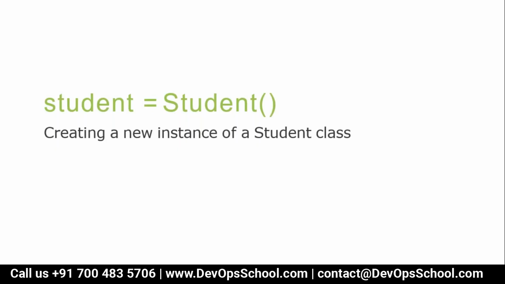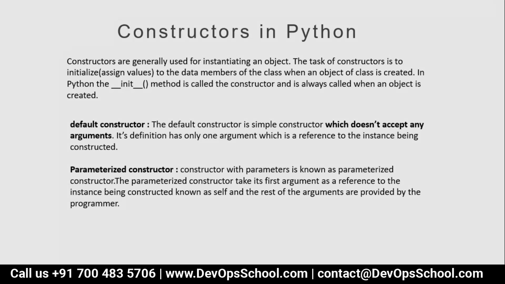See here, student = Student() creates a new instance of the Student class. The init method is always called when an object is created.